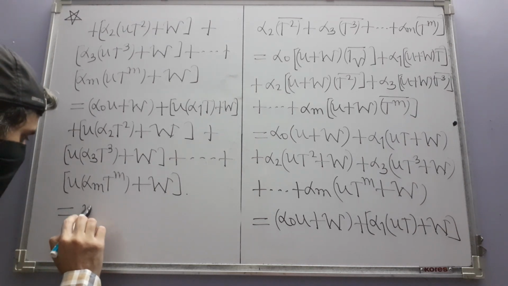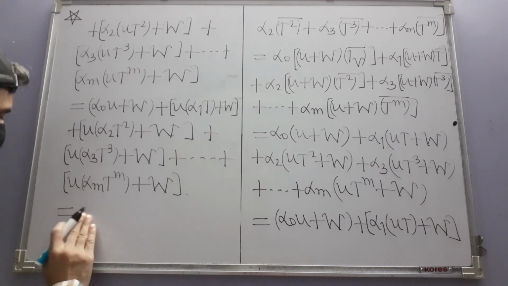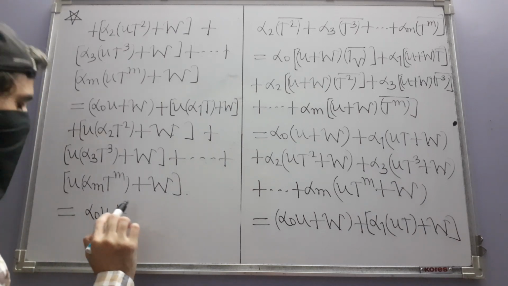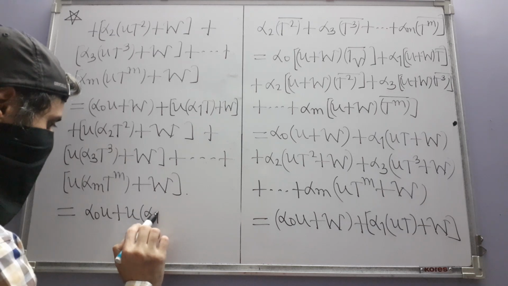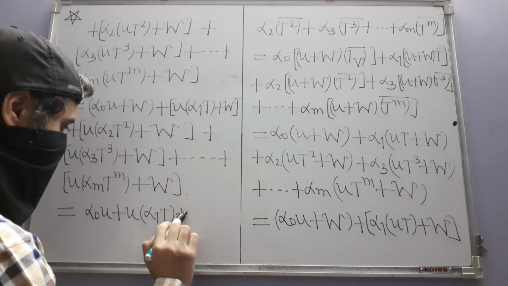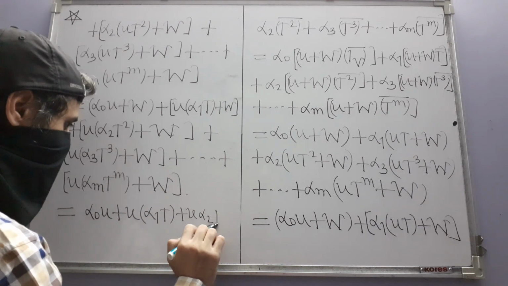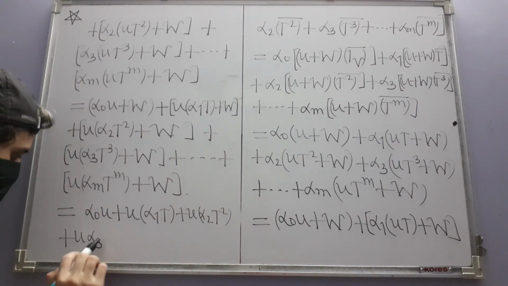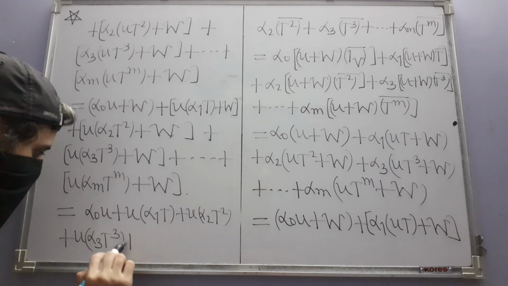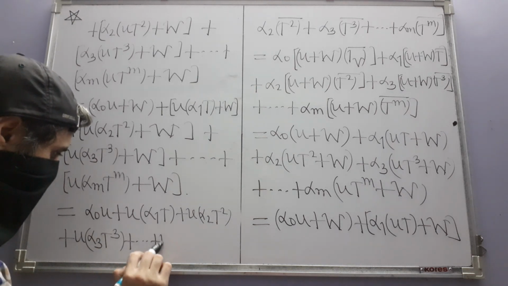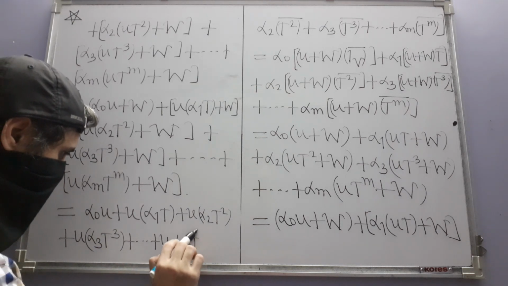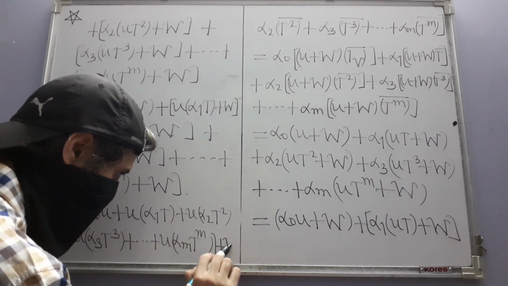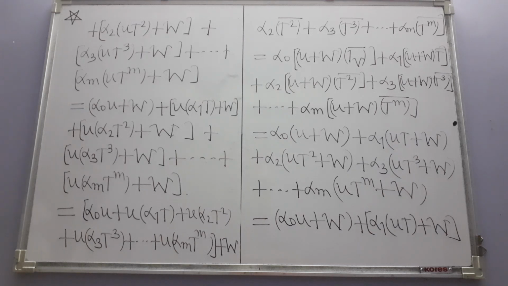So, according to the definition of coset addition, you are going to get this. U alpha 1 t plus u alpha 2 t square plus u alpha 3 t cube plus u alpha m t to the power m plus w. So this is a single coset.